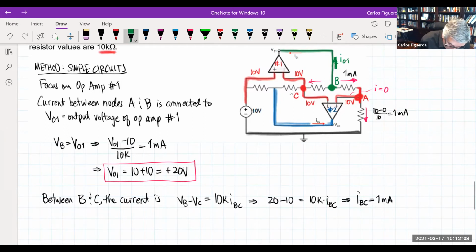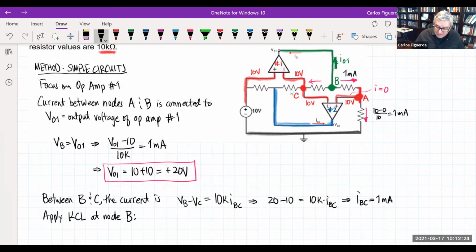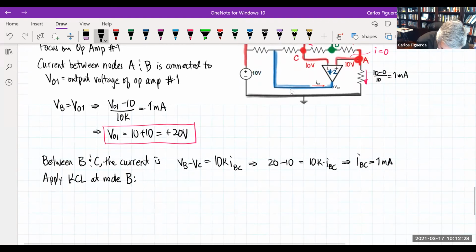So now I'm going to apply KCL at node B. So what I'm seeing here is that all three currents are going out. So I go I in equals I out.